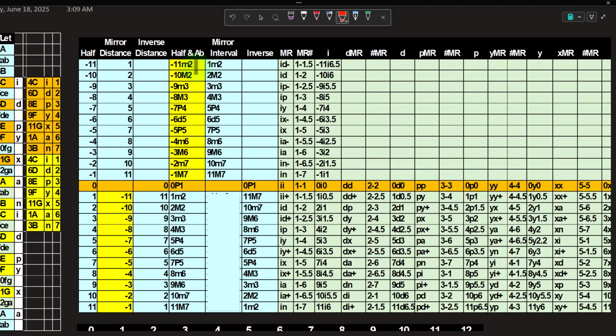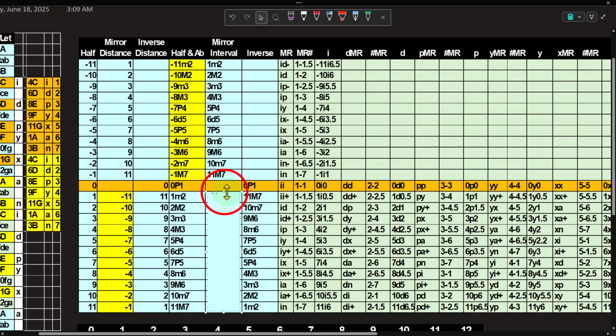I either went negative 11 minor second, or I went positive 1 minor second. And then if I go over an octave forward, I can say it's a 1 plus 12 minor second, or a 13 note away minor second. And that'll help you clarify exactly what you're talking about.